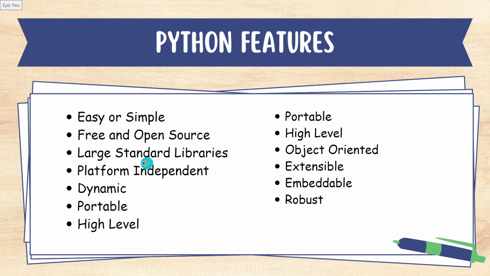Python has large standard libraries, right? If you want to develop a web application, it has libraries. If you want to create an IoT application, it has libraries. If you have so many libraries, it means the language has a good community, and you don't need to write everything from scratch.